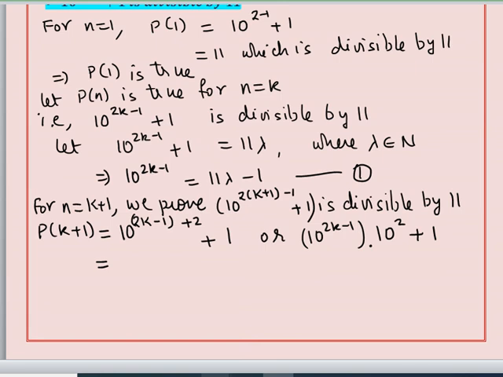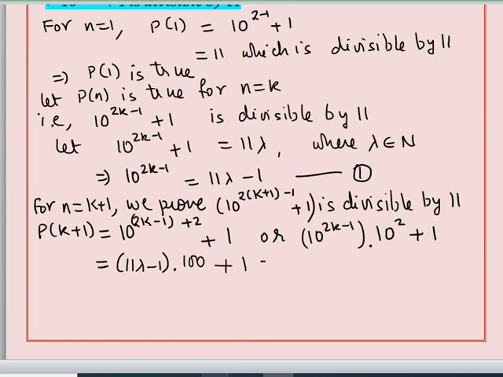Now you look at equation 1. Equation 1 says 10 to the power 2k minus 1 can be written as 11 lambda minus 1. So this gets replaced by 11 lambda minus 1, and the square of 10, which is 100, gets multiplied to it. Then we will add 1 to the resulting term.